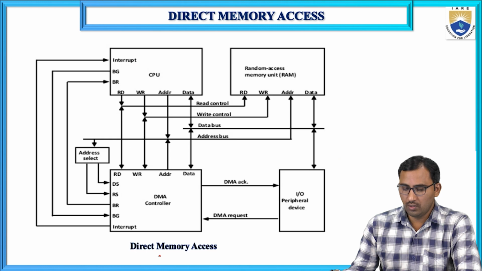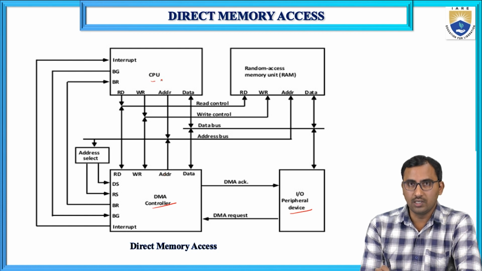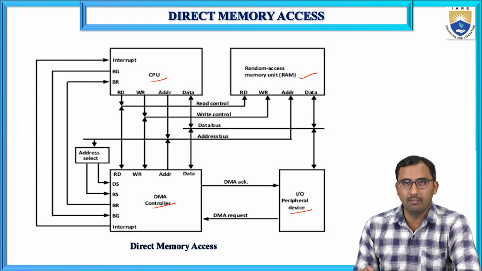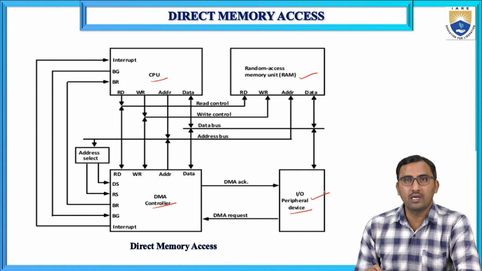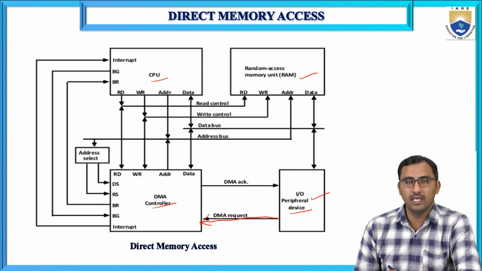Here you can understand this entire scenario with this block diagram. Here we have the IO devices, the DMA controller, the CPU, and the memory. We are considering main memory, RAM, random access memory. Whenever the IO device is ready to transfer data, it sends a request signal to the DMA controller.